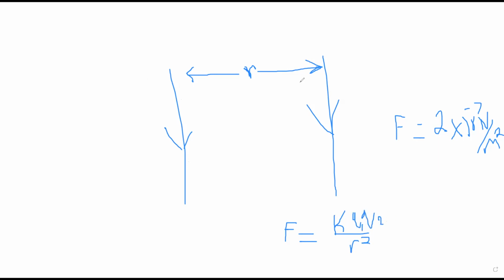Q1 and Q2 are the charge through wire 1 and charge through wire 2, times the constant K, divided by the square of the distance between the two wires. All right.